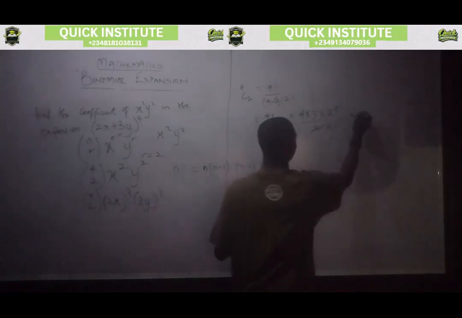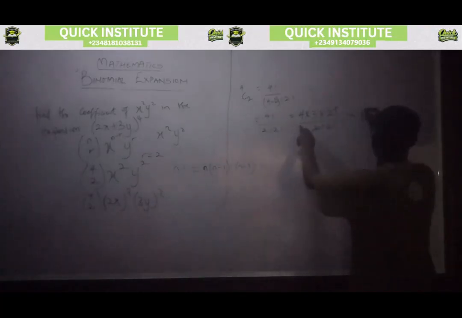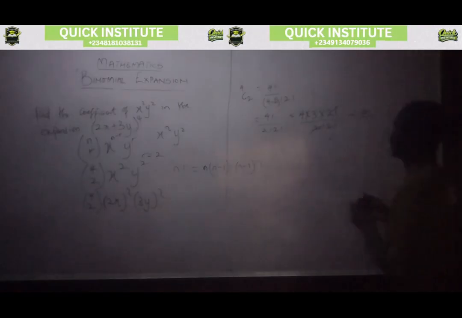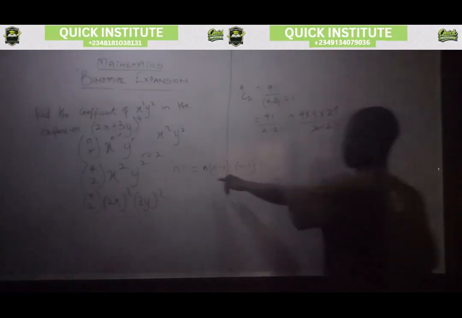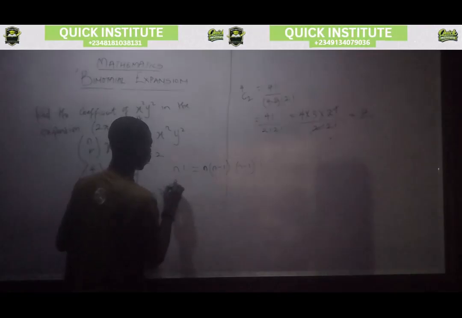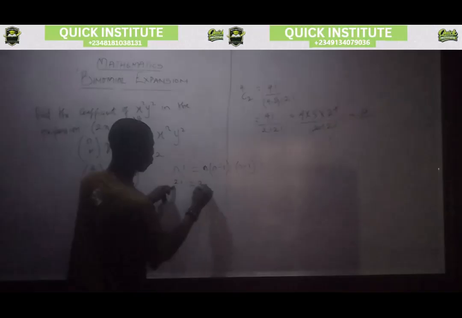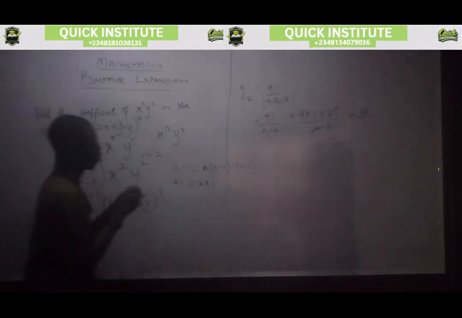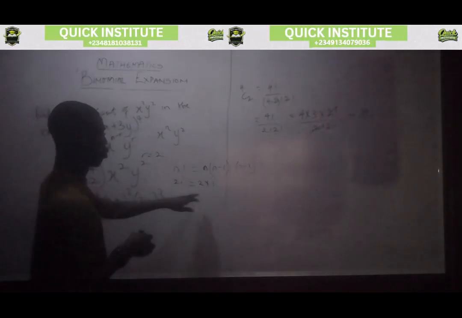Now we have 4 times 3, which is 12. And we have 2 factorial at the denominator. 2 factorial will be 2 multiplied by 1.